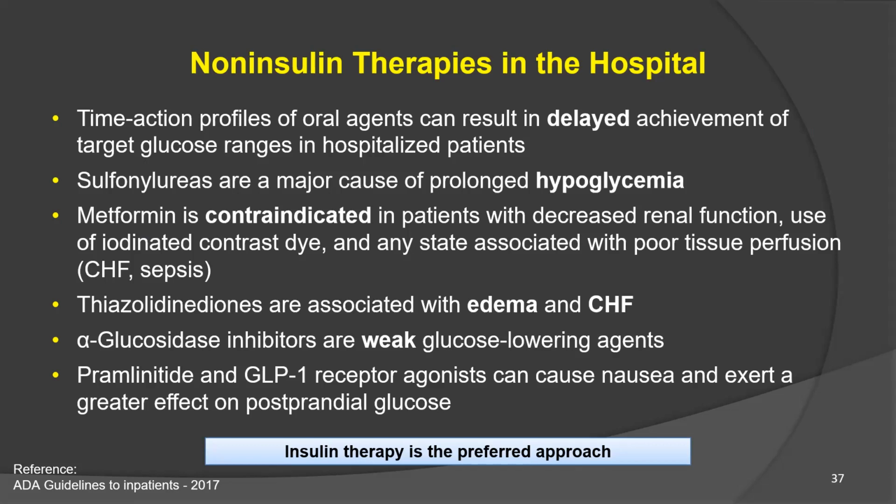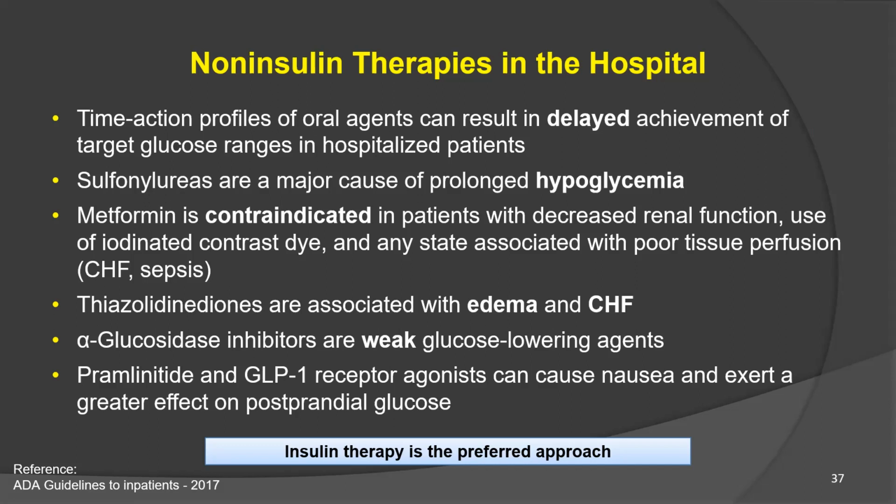So mostly the patients who are hospitalized are not well, they are sick, they have some sort of inflammatory process going on, and tissue perfusion might be affected. So you cannot take the risk of actually starting metformin in such patients. Thiazolidinediones are associated with edema and congestive heart failure. So again, you don't want to give them. Alpha glucosidase inhibitors are weak glucose lowering agents.